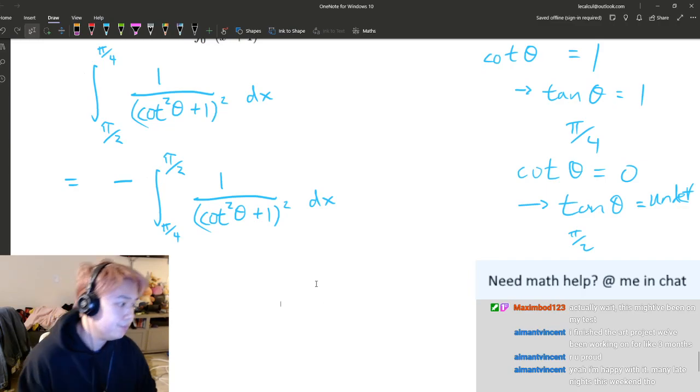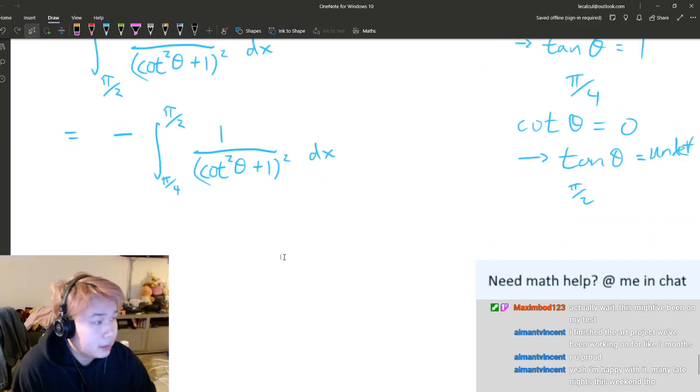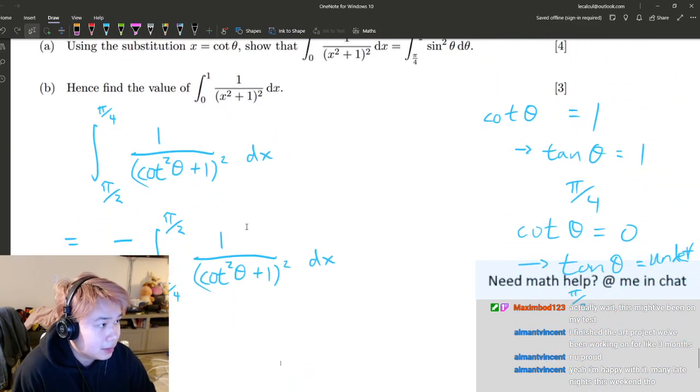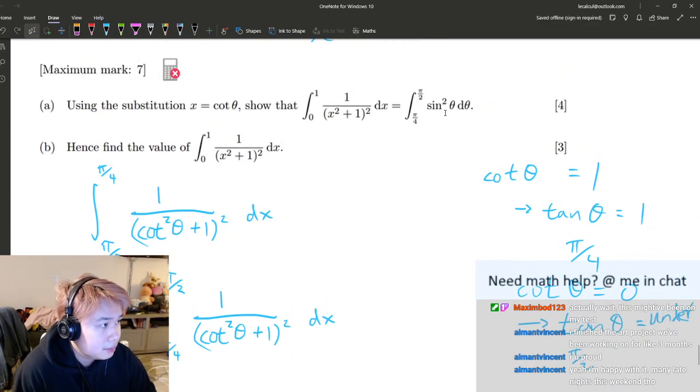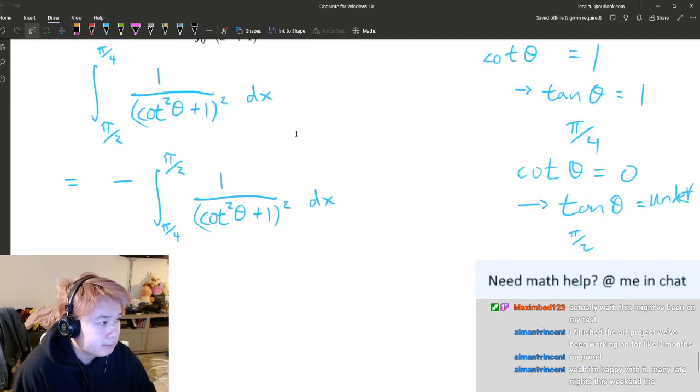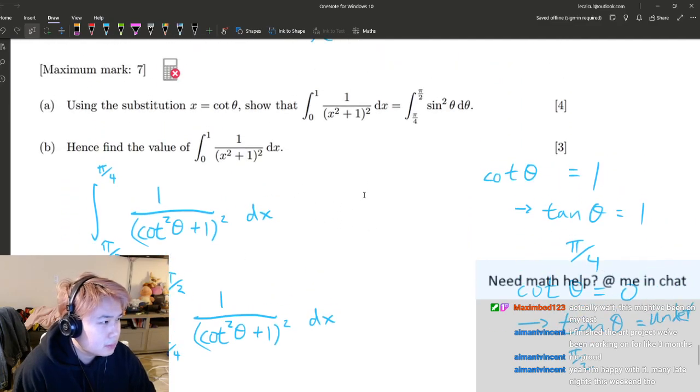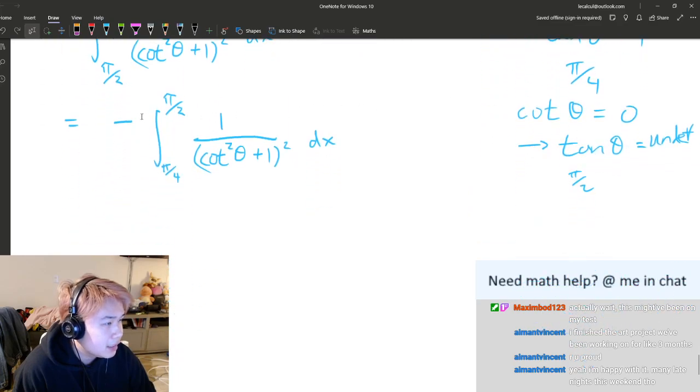There you go. All right, so let's see what I'm actually going to try to do. I need to show that this becomes sine squared. And this negative needs to go away.